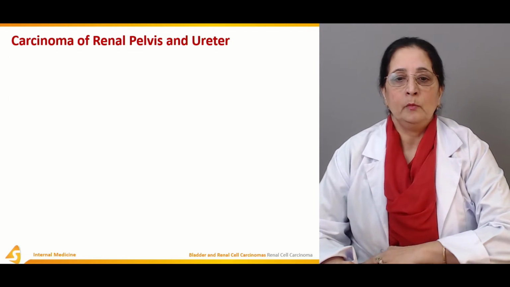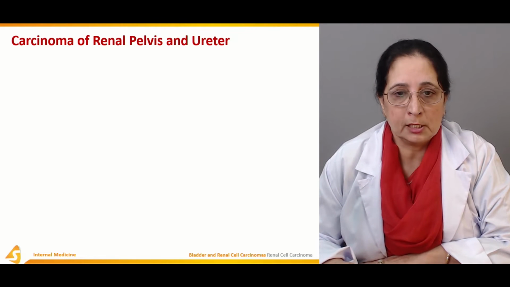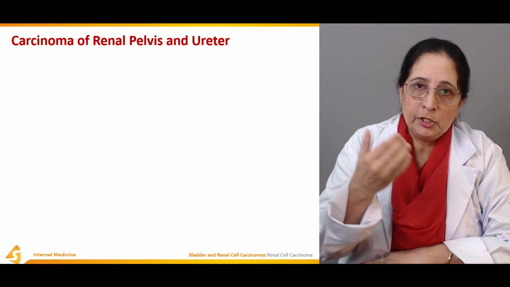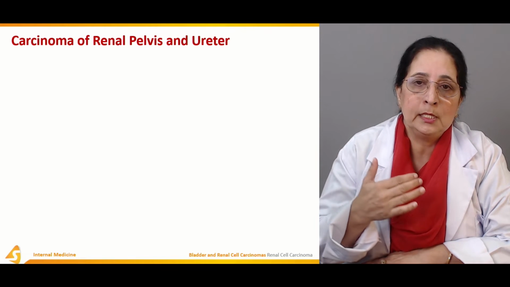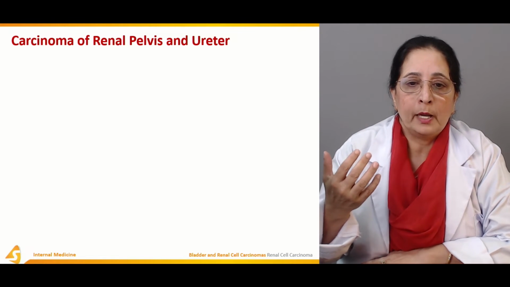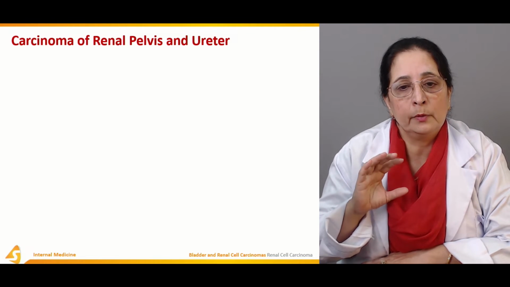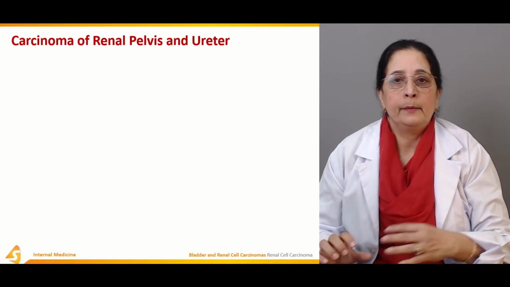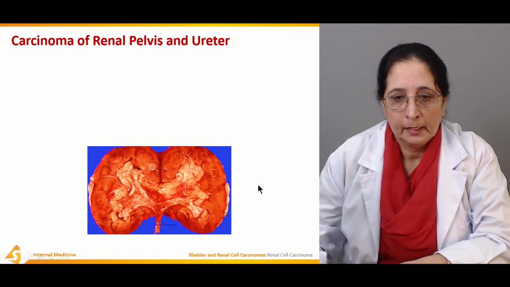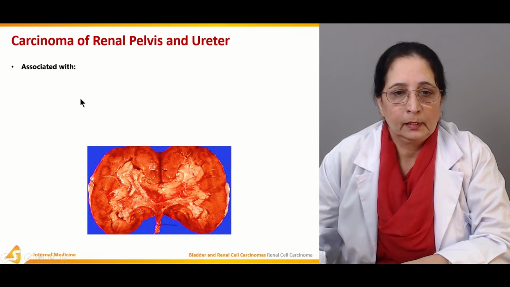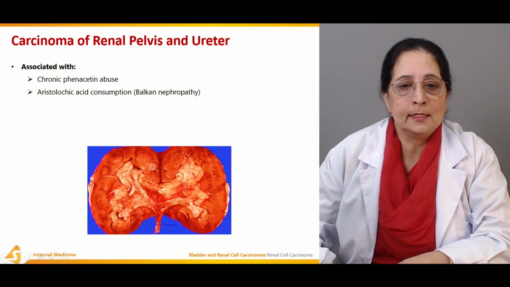So, carcinoma of the renal pelvis and ureter. Ureters are the tubes that carry urine from the kidneys to the bladder, and the renal pelvis is the inside of the kidney. Here, it is associated with chronic phenacetin abuse.